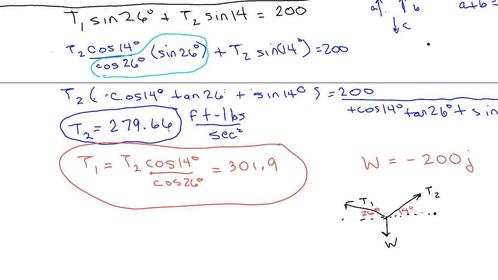So now I know my magnitude of T1. I know my magnitude of T2. W is pretty easy to find since it's just going in the negative y direction. There's no x value associated for us.